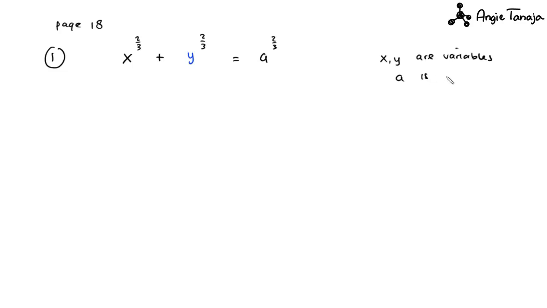For example, we have number 1 on page 18. We have the function x to the power of 2/3 plus y to the power of 2/3 equals a to the power of 2/3, in which the variables are only x and y, while a is just a constant.